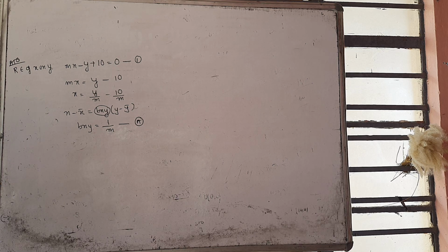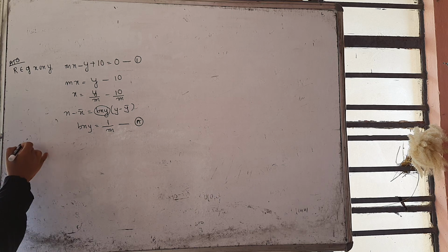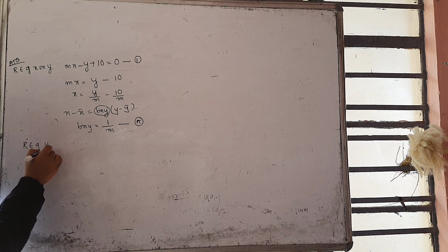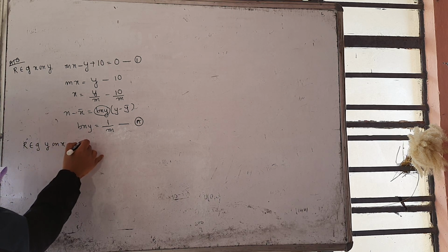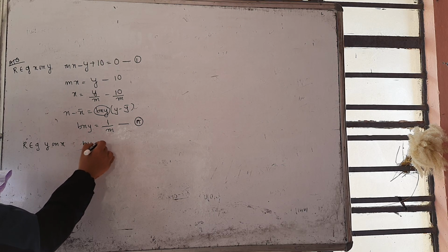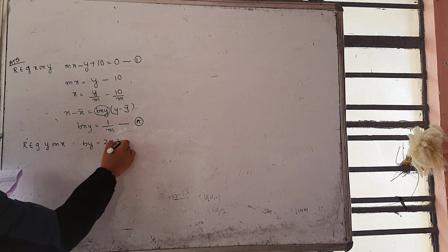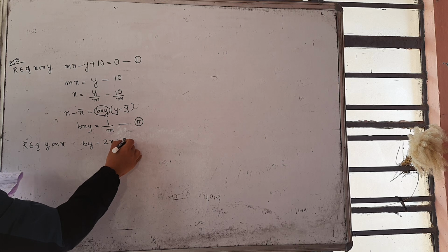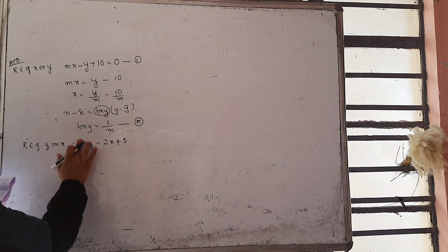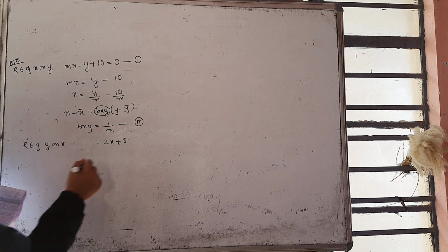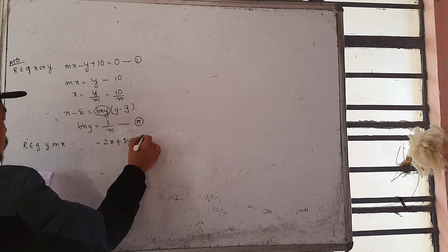Is it clear? Now, the regression equation of y on x. So again, the regression equation of y on x is given to us as minus 2x plus 5y equal to 14.